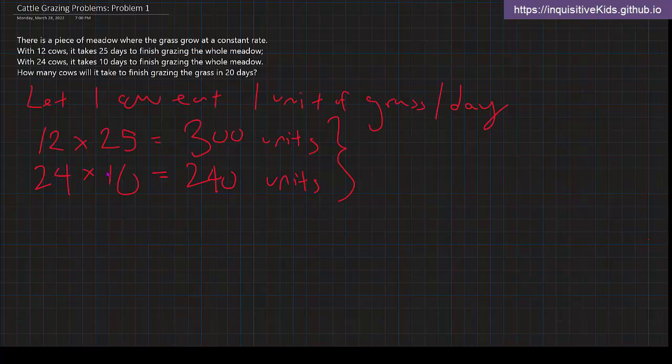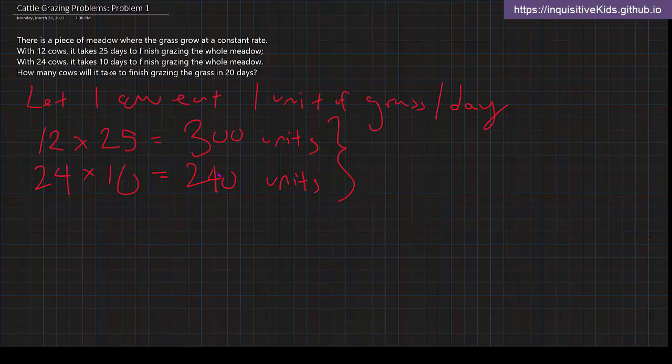And over here, it took 25 days, which meant more time for the grass to grow, which meant more effort for the cows to finish eating the grass. But for the second scenario, it was only 10 days, which means there was less time for the grass to grow. So that's just something you should be able to understand.